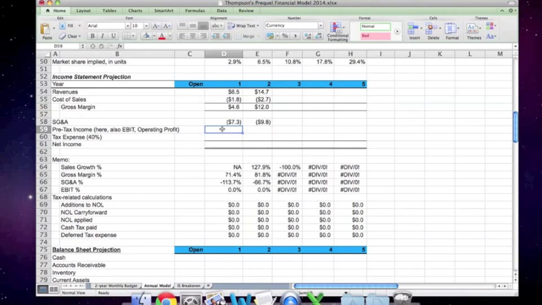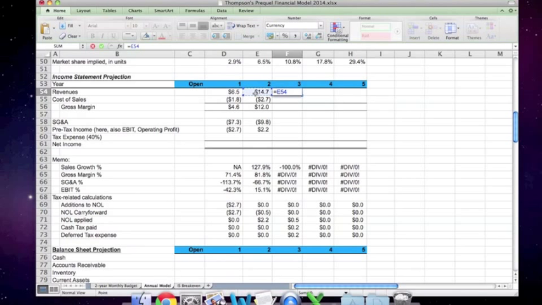Pre-tax income, I'm going to calculate here. It's going to be the sum of gross margin and SG&A. That will be true for year 2 as well. And then because we have an explicit set of projections in our assumptions for the annual model for years 3 through 5, I'm going to work on getting those together here.